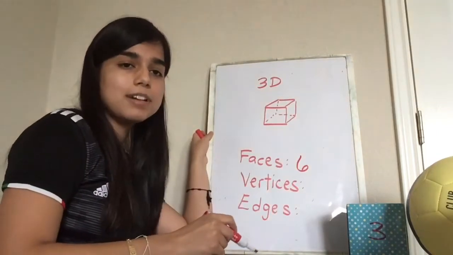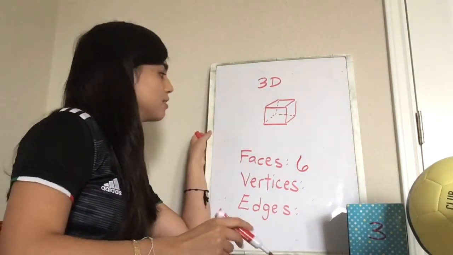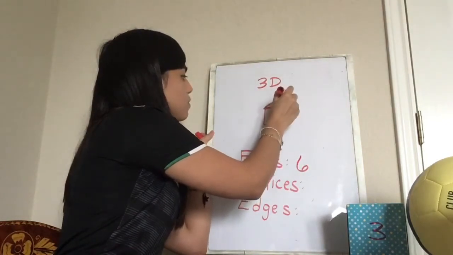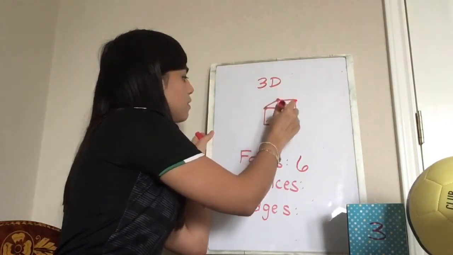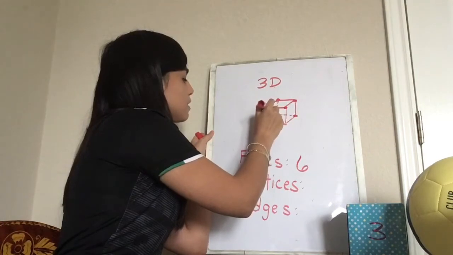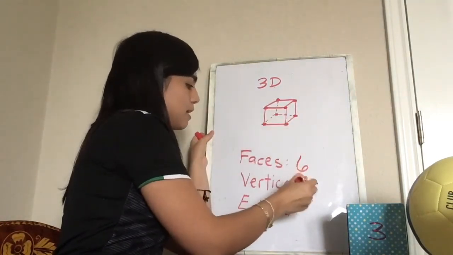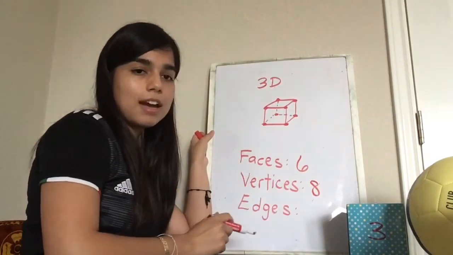Now, how many vertices? The corners. Okay, 1, 2, 3, 4, 5, 6. This is the back one. 7, 8. It has 8 vertices. And how many edges?